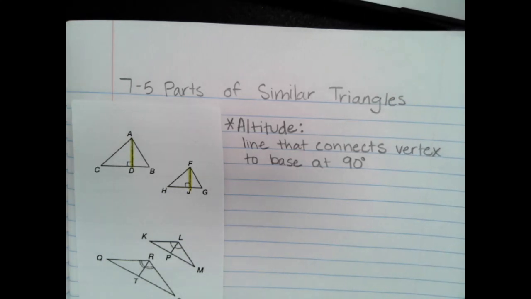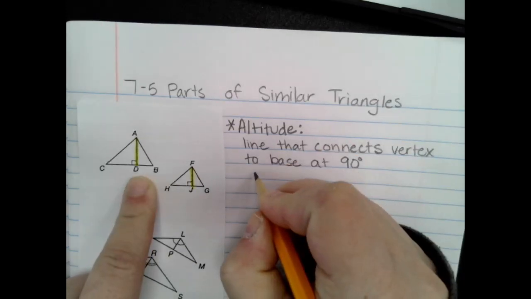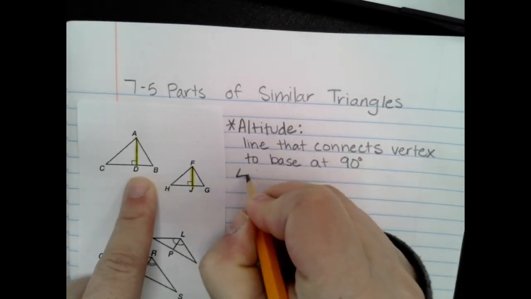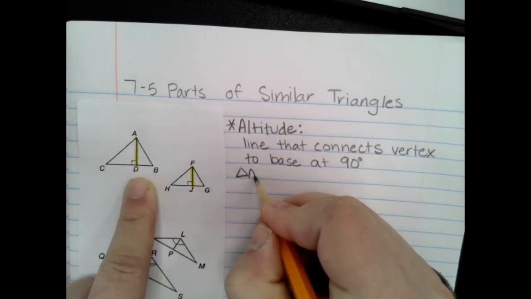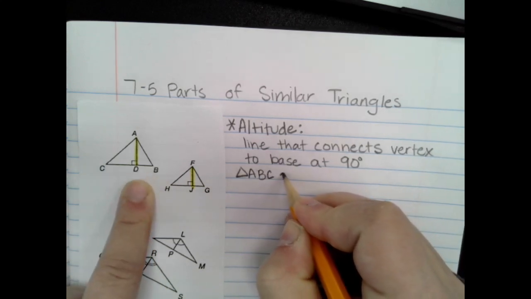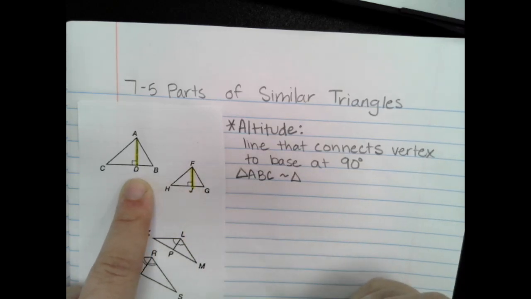Okay, so in this one, the one we're going to look at is AD. And we would compare AD. Oh, sorry. First we have to say which triangles are similar. So triangle ABC would be similar to triangle, and then we'd want to make sure that we have it in the same order.